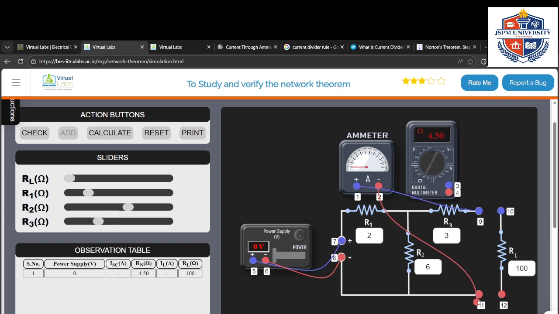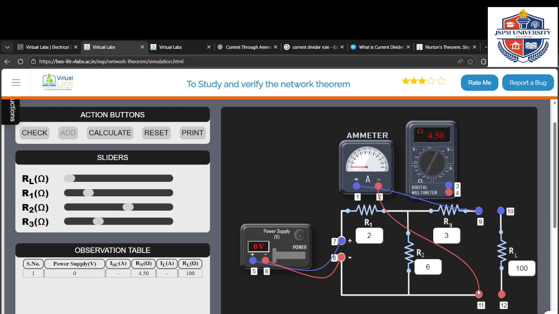Still we have not connected the load resistance, so we are measuring with the ammeter. You can use the current divider rule or any method to calculate these values manually. As of now I am not going for the calculation. We just want to understand how Norton's theorem is implemented in the virtual lab.